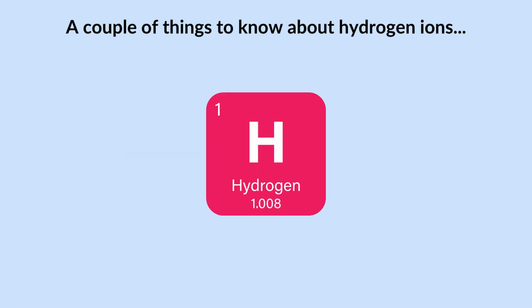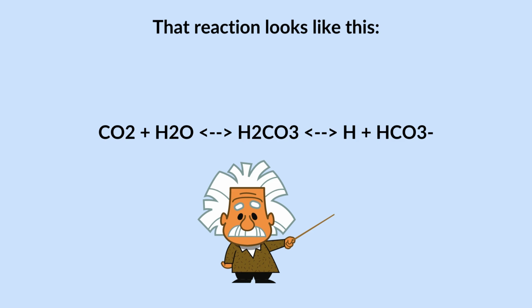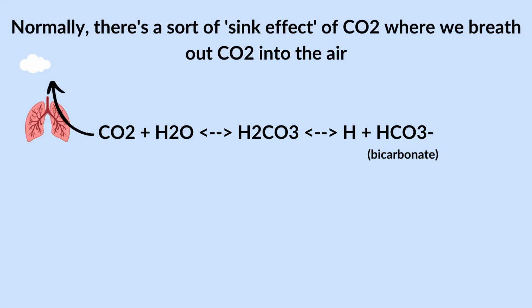A couple of things to know about hydrogen ions. In our blood, they can react to form CO2. That reaction looks like this. CO2 plus H2O becomes H2CO3, otherwise known as carbonic acid, which can then become a hydrogen ion and bicarbonate, HCO3-. Normally, there's a sort of sink effect of CO2, where we breathe out CO2 into the air.